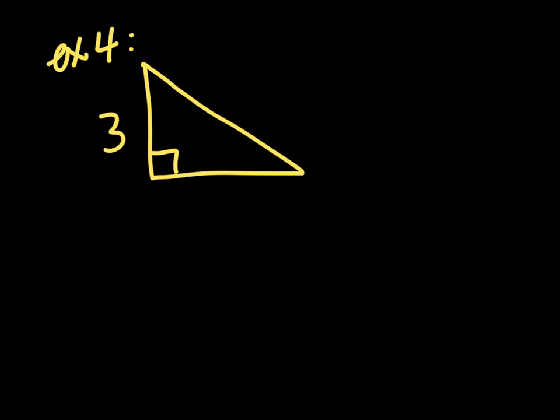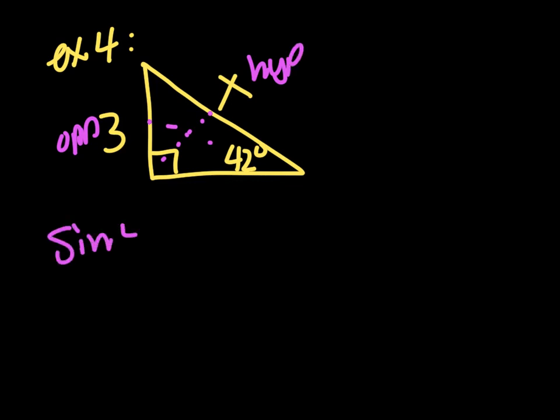Example 4. I have 3, x, 42 degrees. So 3 is my opposite side, x is my hypotenuse, and opposite over hypotenuse is sine. So sine of 42 degrees is my opposite over my hypotenuse. However, this time your x is in the denominator. So you basically need to switch the sine of 42 and x because you want to get x by itself.